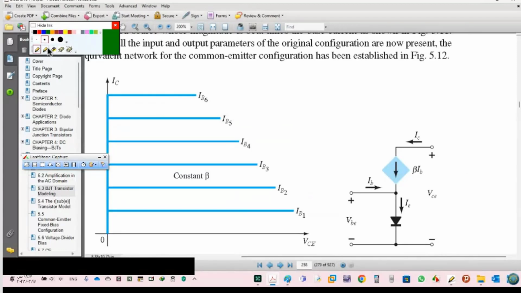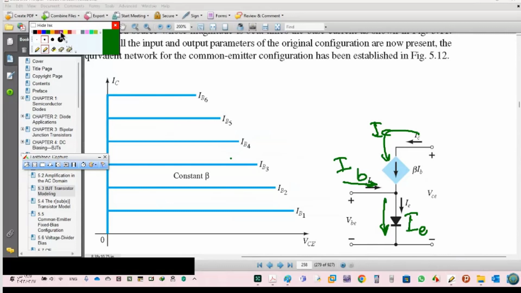I have this one. It is IE out, IC in, and IB in.